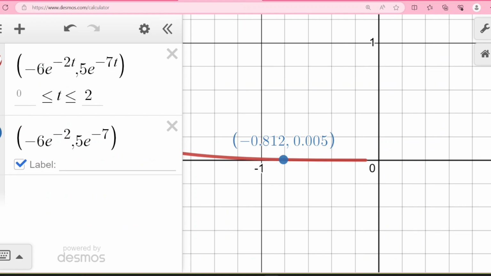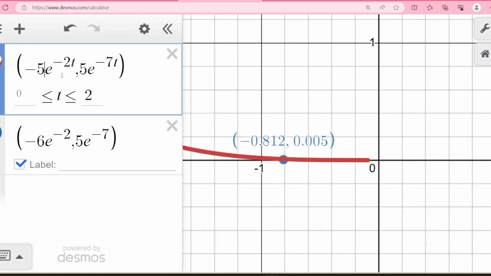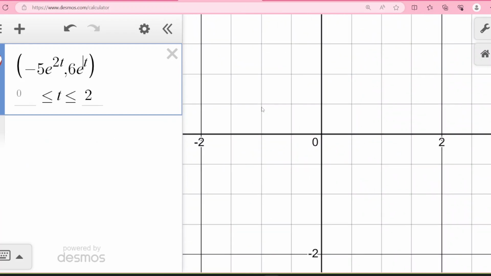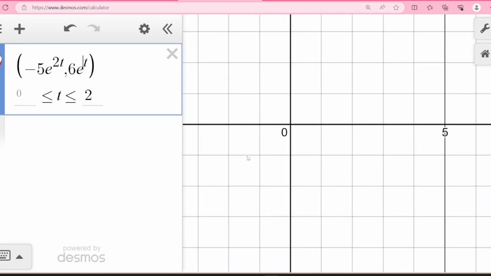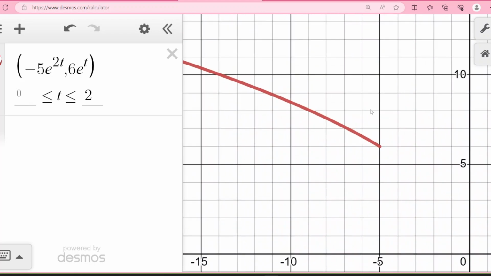I'll go to the picture. Again, very similar. X was negative 5 e to the positive 2t, and y was 6 e to the t. If you see here, that would start off when t equals 0. You'd be at the point negative 5, 6. So let me bounce this out a bit. There it is, negative 5, 6. Sorry, right up here.